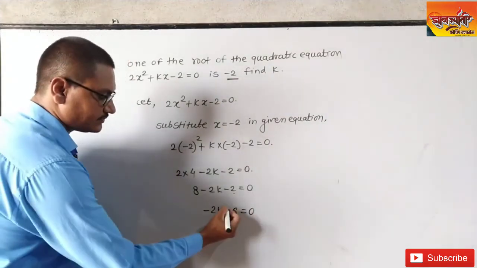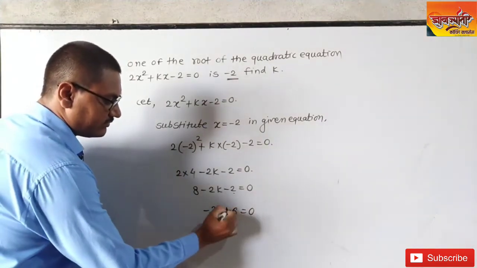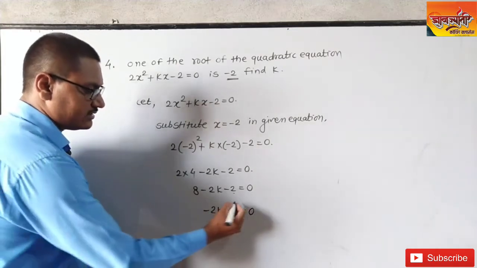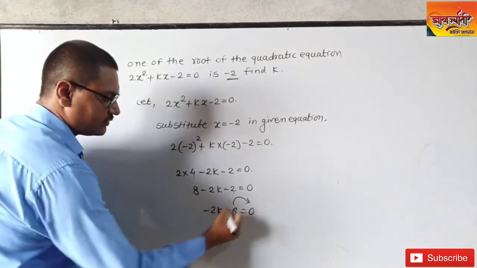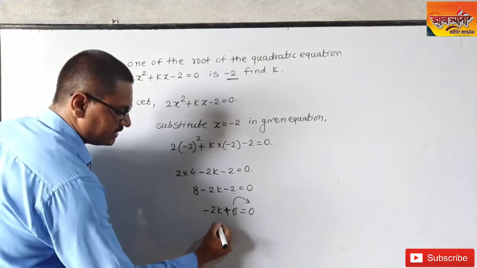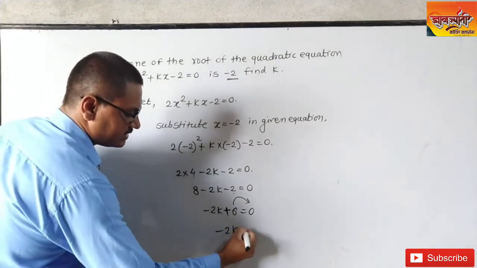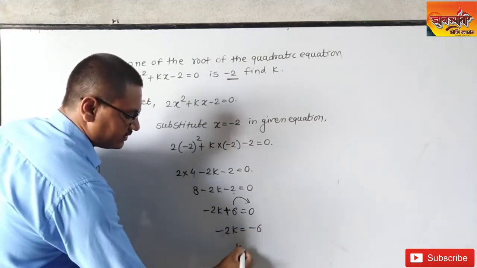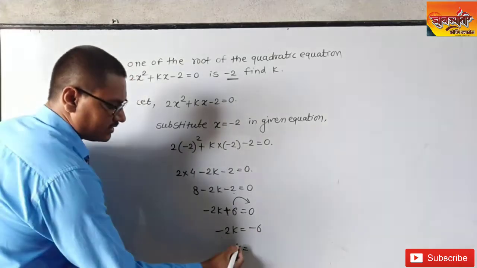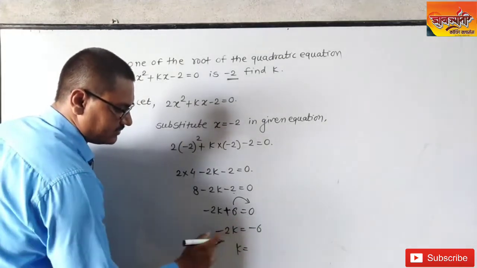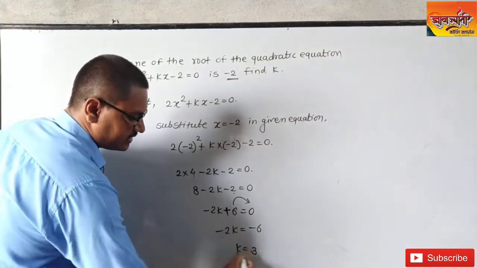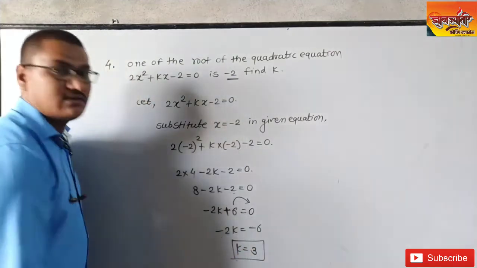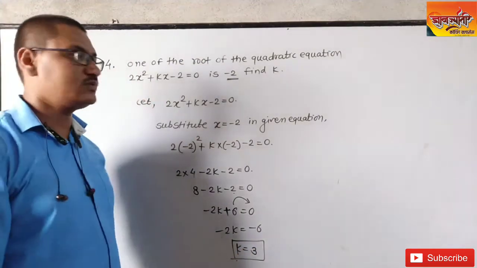To determine the value of k, we transfer this constant term to the right hand side. We get minus 2k is equal to minus 6, and after simplifying these steps the value of k becomes 3. This is the value of k is equal to 3.